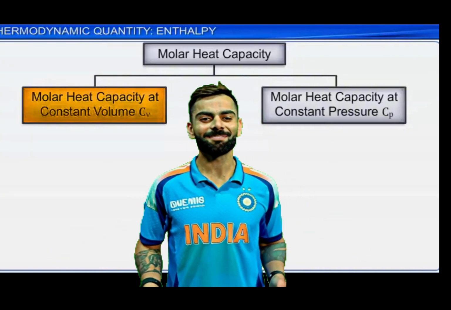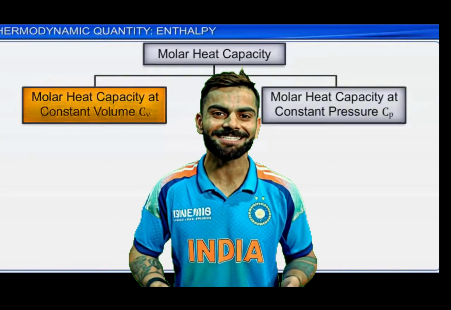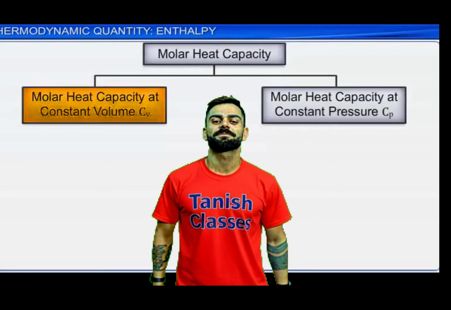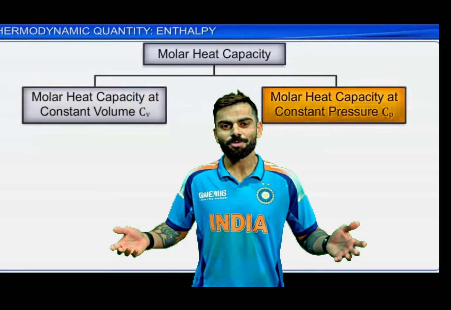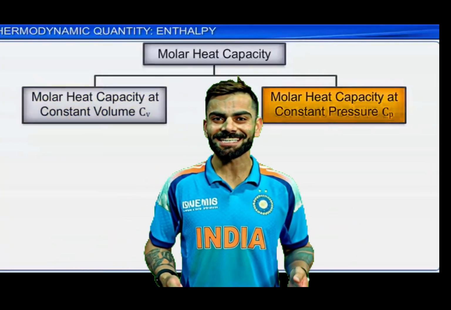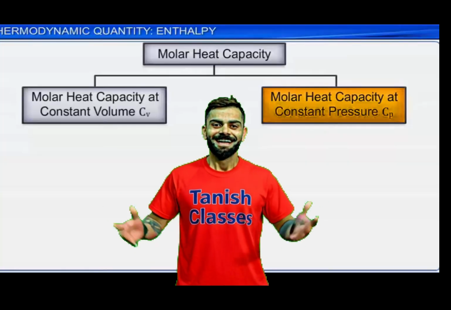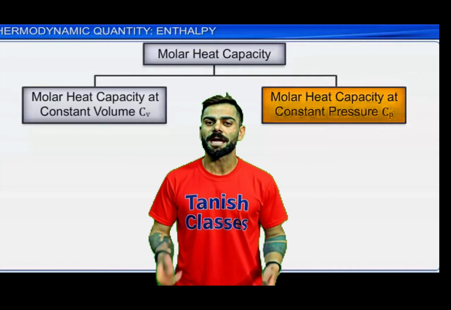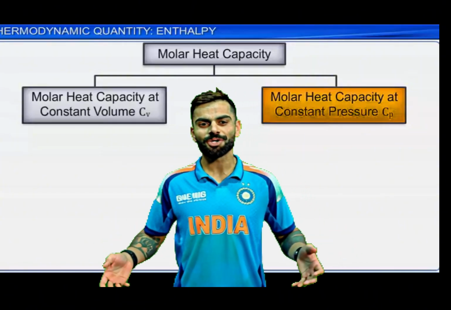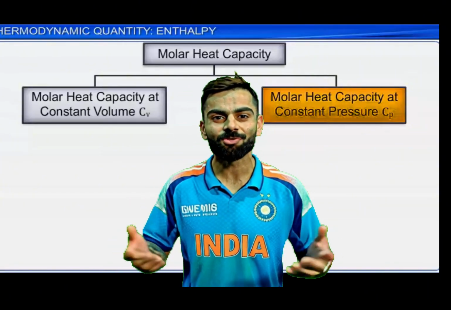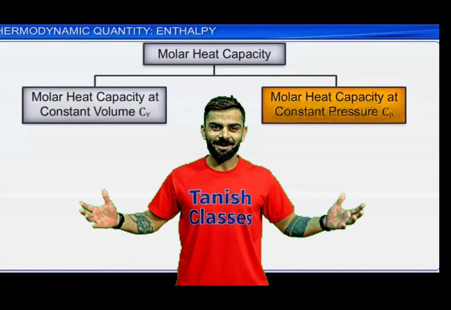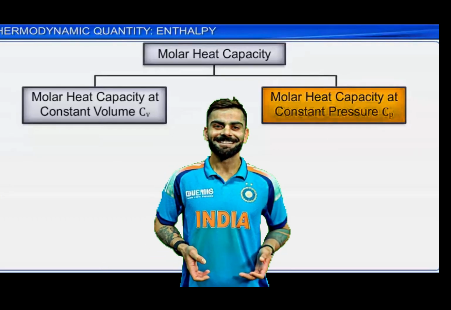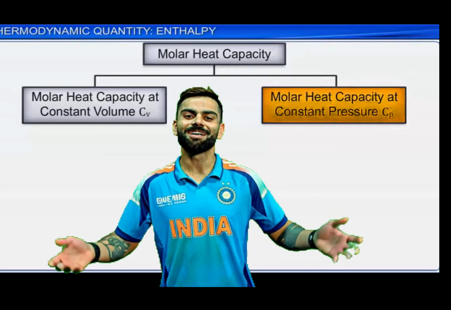Thus, Cv into delta T equals delta U. Similarly, at constant pressure, heat qp equals the product of heat capacity at constant pressure Cp and change in temperature delta T. We have seen that at constant pressure the heat absorbed by the system is equal to the change in enthalpy. Hence, Cp into delta T equals delta H.